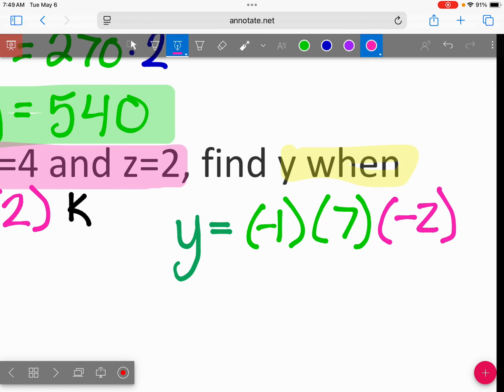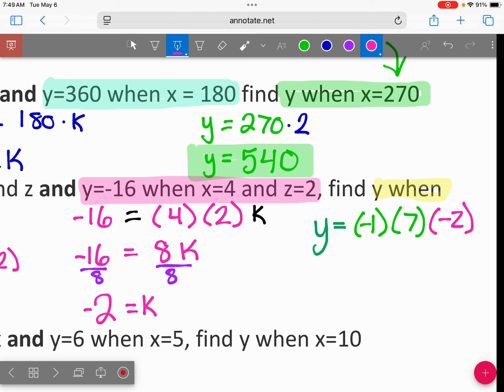That looks like a z, but that's why I crossed my z's, because that's actually a 2. And then it's just a multiplication, because all my things are on the same side over there. So we have -1 times 7 times -2. 14. Because that -1 times the -2 makes it a positive 2. 2 times 7, 14. So this guy's our answer right here.